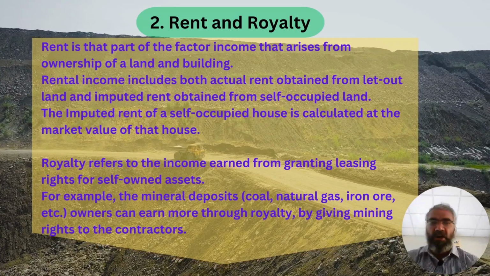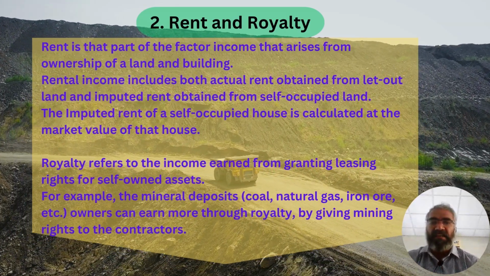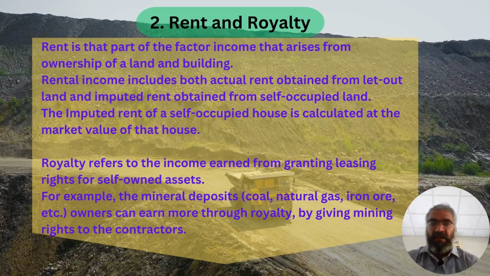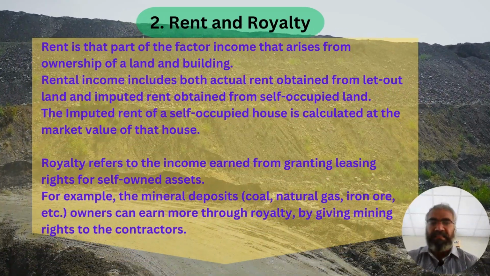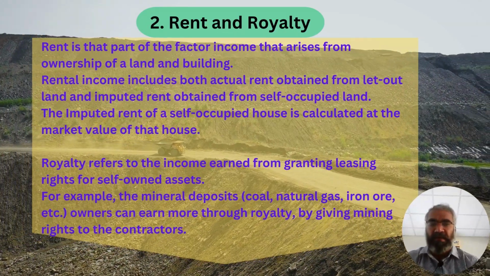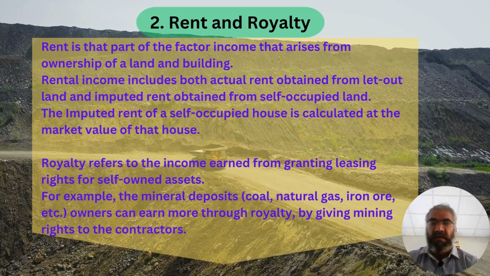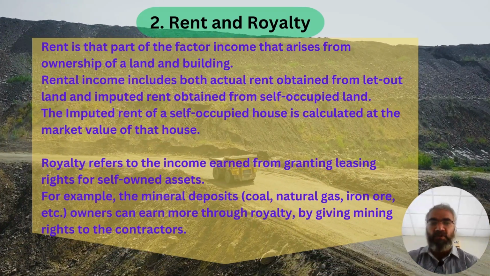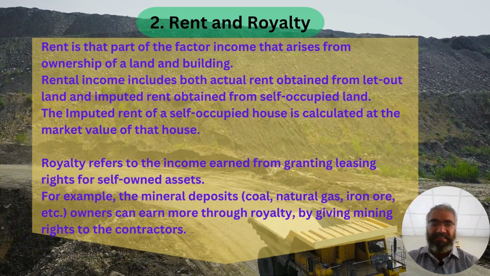The imputed rent of a self-occupied house is calculated at the market value of that house. Royalty refers to the income earned from granting leasing rights for self-owned assets, for example, mineral deposits, coal, natural gas, iron ore, etc. Owners can earn more through royalty by giving mining rights to the contractors.